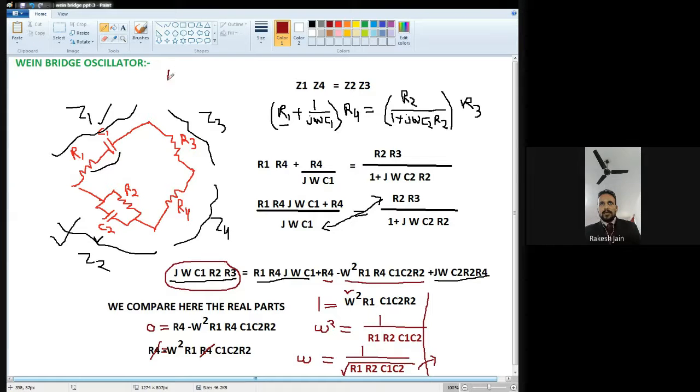Okay. Now the last step, we know that omega is equal to 2 pi f. We always remember that omega, the frequency in radian, should be equal to 2 pi f, where f denotes the frequency in hertz or kilohertz. So 2 pi f will be equal to 1 upon the square root of R1 R2 C1 C2.